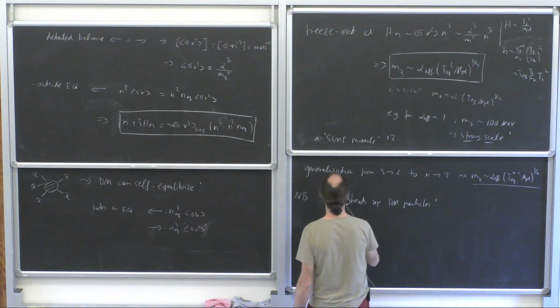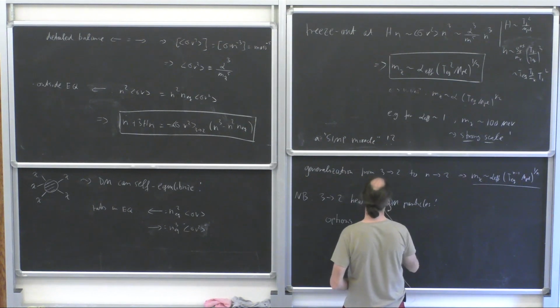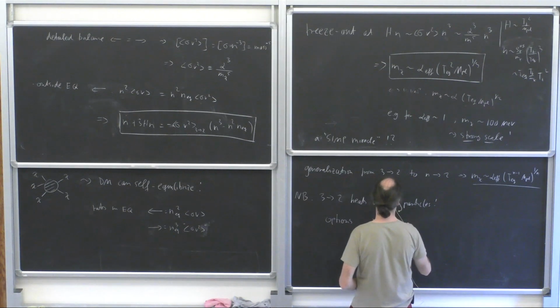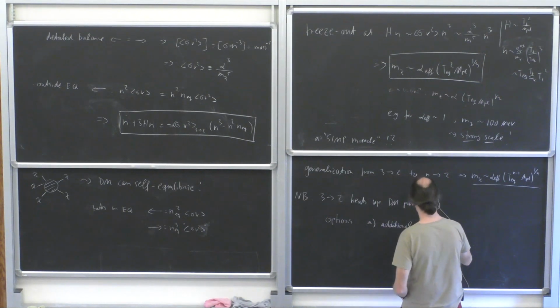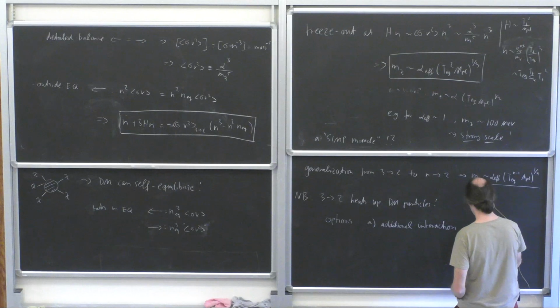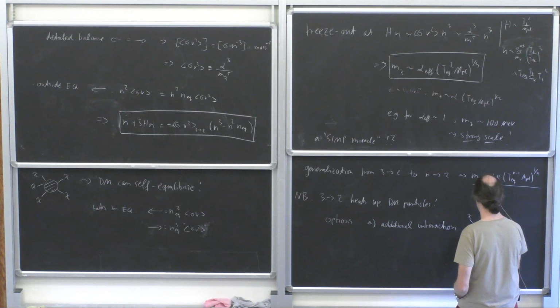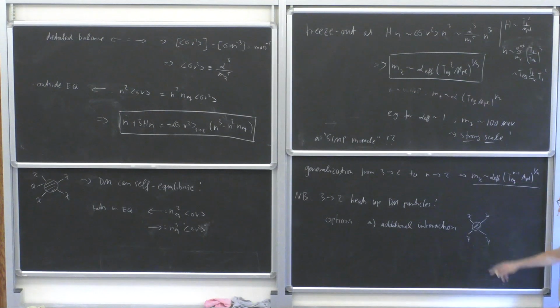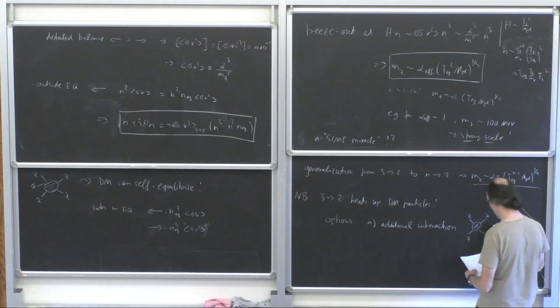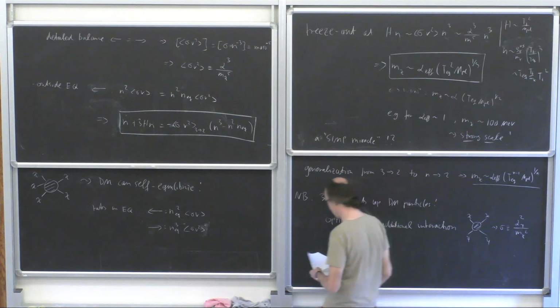And we basically have 2 options. So one is an additional interaction with standard model particles, of the type that we've discussed so far. So let's parameterize this with a cross-section by some coupling alpha psi.